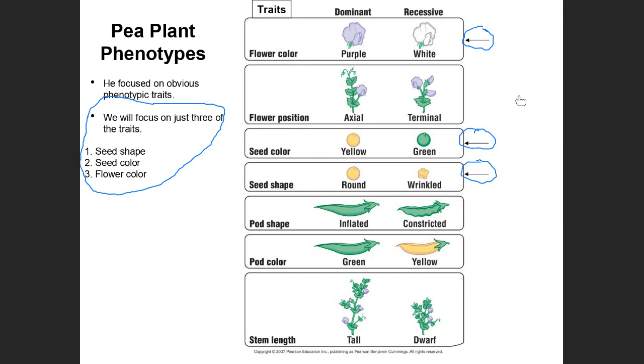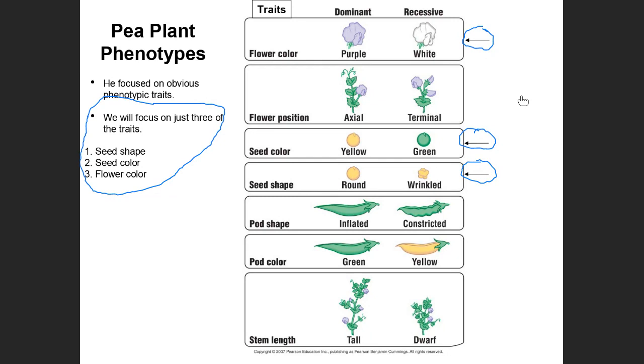Okay. Now, when Gregor Mendel performed his pea plant studies to see how traits are passed on from parent to offspring, thus creating a pattern of inheritance, he conducted 2 types of experiments. One's called a monohybrid cross, and one's called a dihybrid cross. Okay.